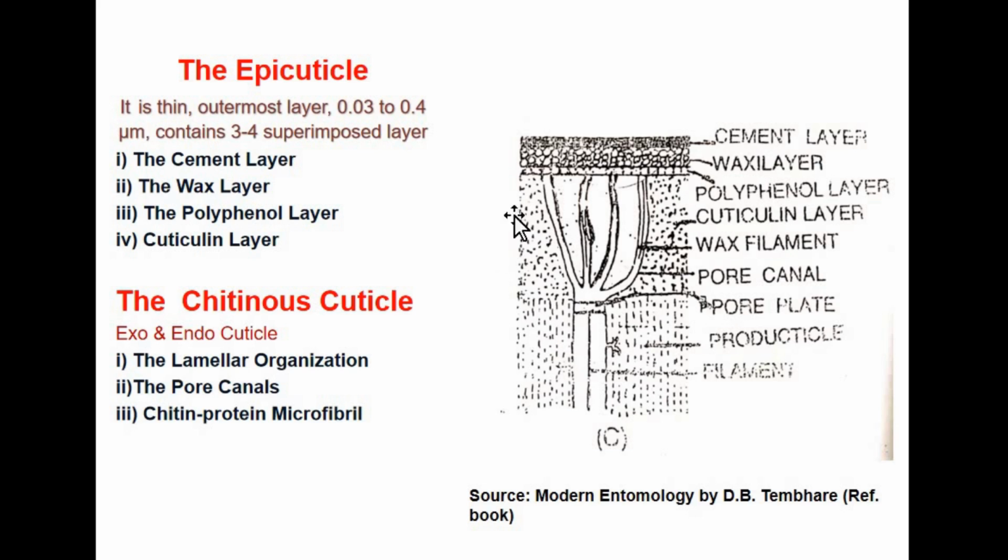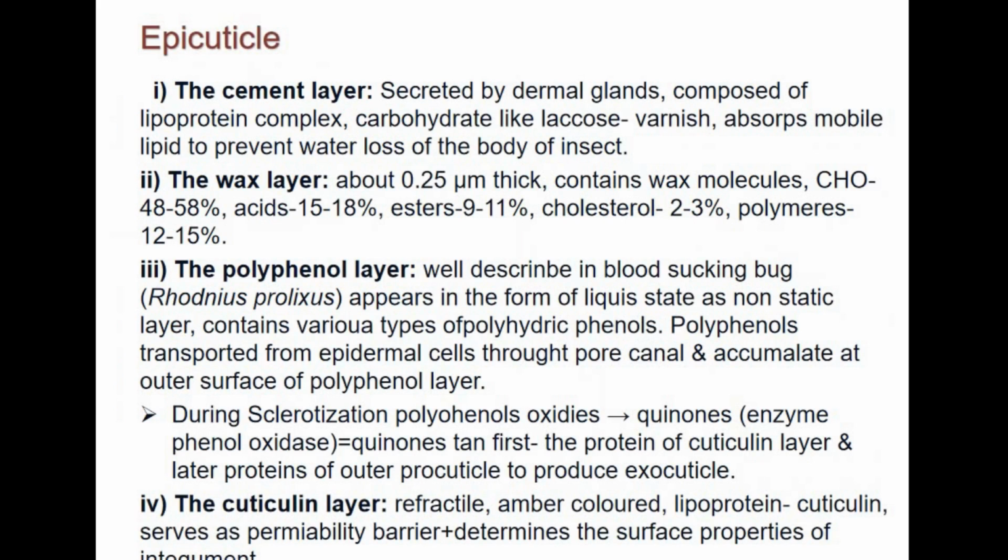Here you can see this diagram, which shows the pore canal, the filament of the pore canal, the pore plate, the wax filament, the cuticulin layer, the polyphenol layer, the wax layer, and the outer one, that is the cement layer. Now we can see the layers one by one.